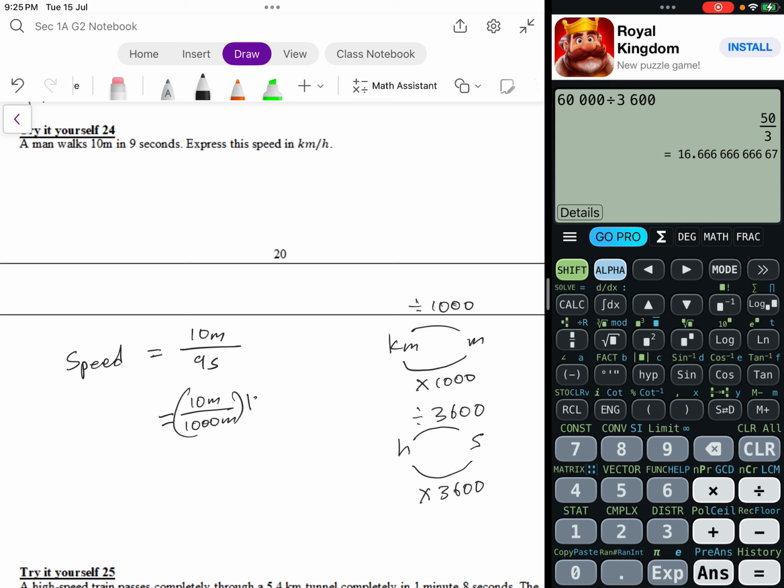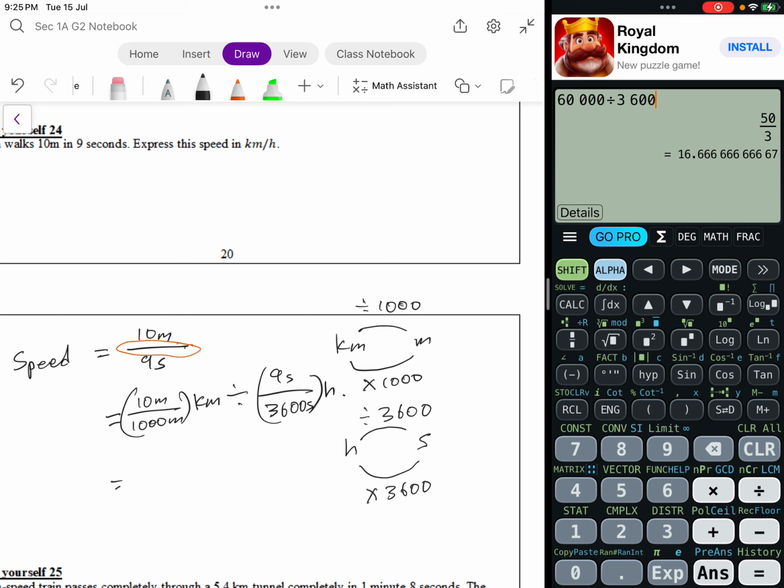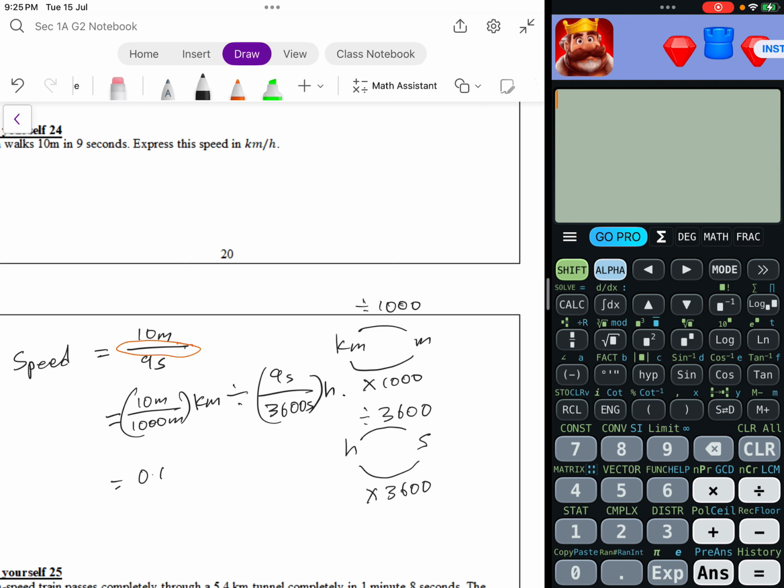So this is technically my kilometers. Then we divide by 9 seconds over 3600 seconds, because this is my hour. So this would be 0.01 kilometers.